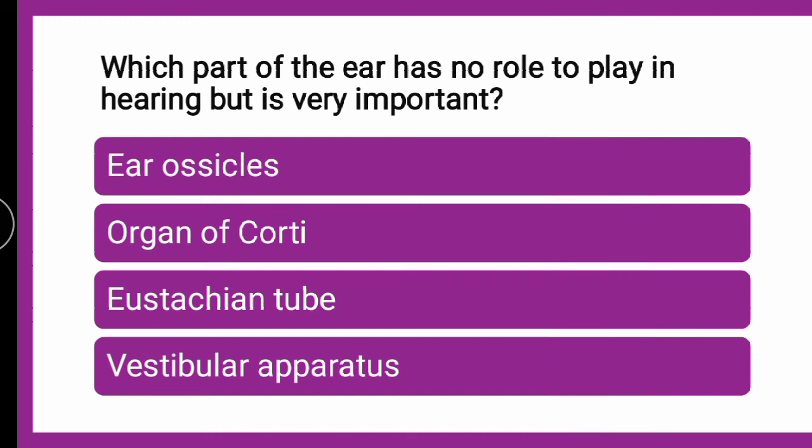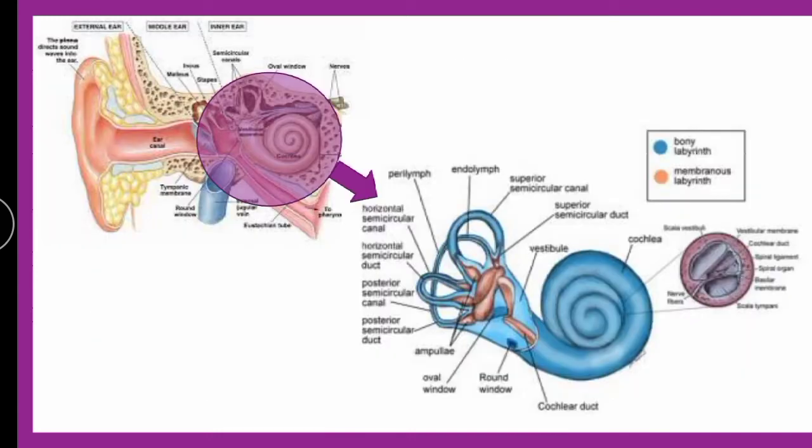So it is the vestibular apparatus. This is the vestibular apparatus, the highlighted part. Two labyrinths are there: the bony labyrinth in blue and the membranous labyrinth in yellow. Here you can see the cochlea, a fluid filled portion of the ear.